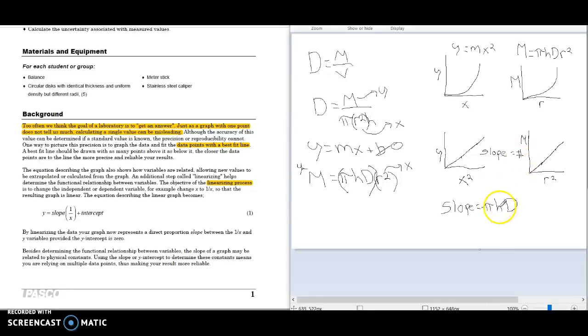And if we measure the h value, the thickness of the disk, we can calculate what the density is. So density equals slope all over pi h. And we get some number for the density of cardboard.